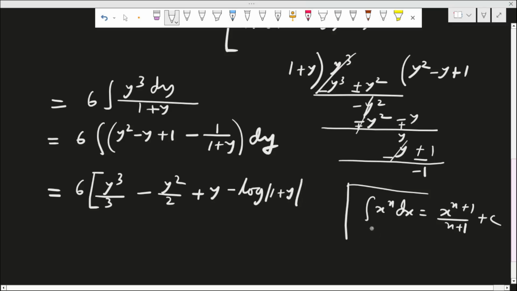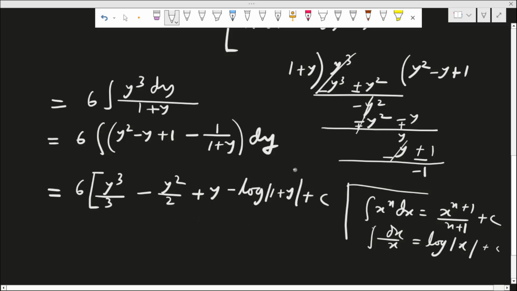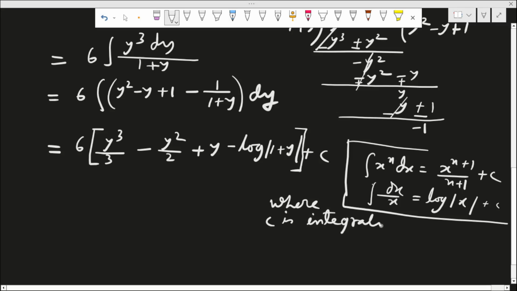As we know, integration dx by x equals log of mod x plus c, where c is the integrating constant.